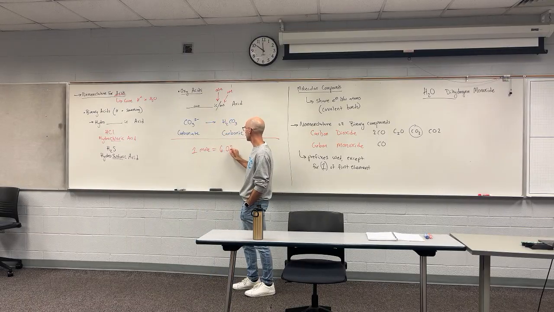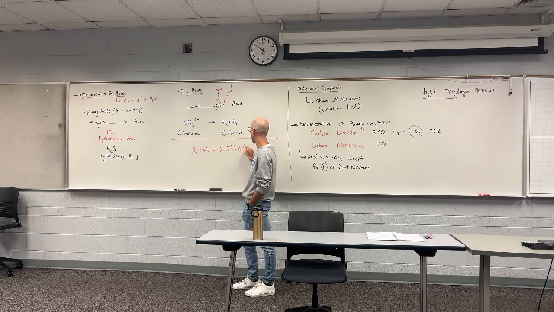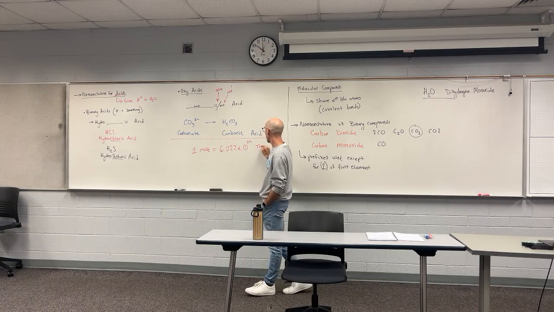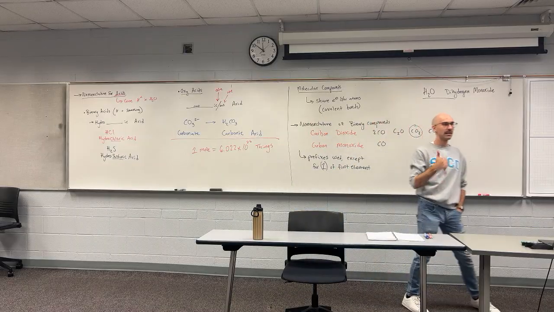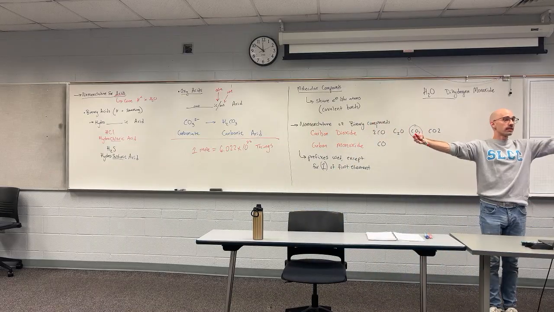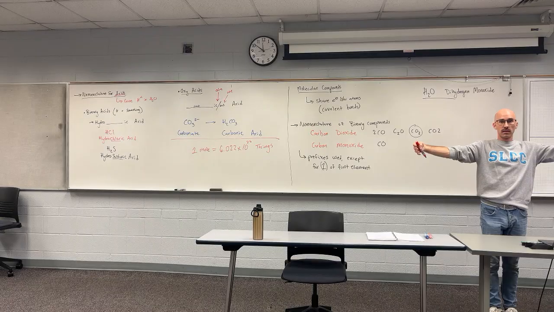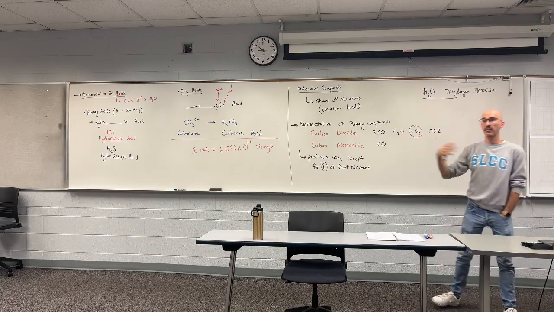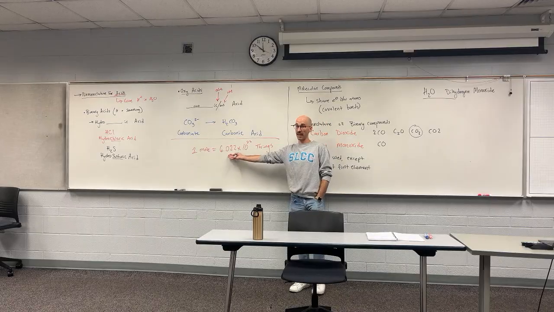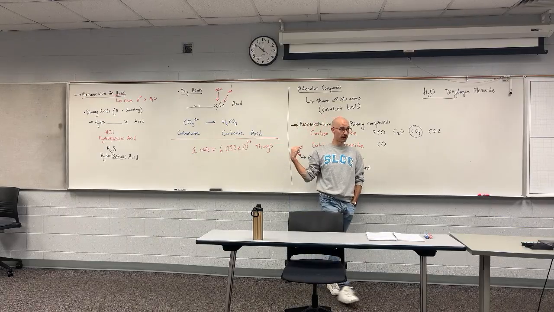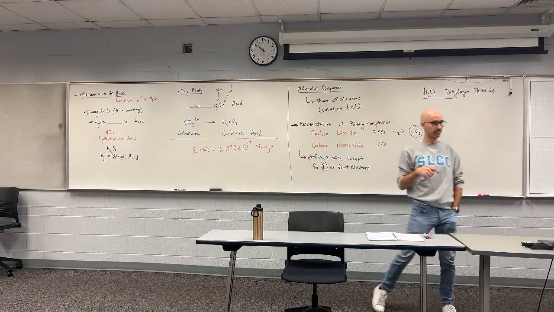This is 6.022 times 10 to the 23rd things, whether that is atoms, electrons, or molecules as a whole. It can be anything. I can have a dozen cars, a dozen donuts, a dozen teeth. I can have a mole of teeth, a mole of donuts, a mole of cars.